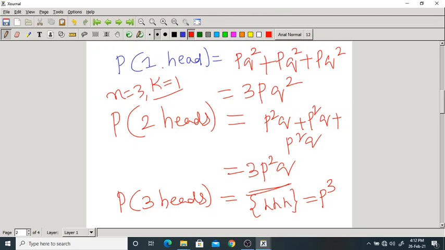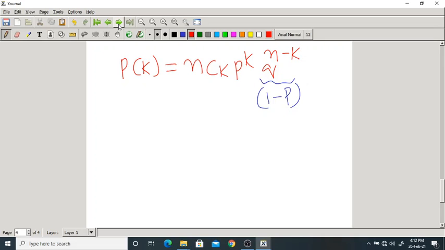Which means they are asking P of 1. N equal to 3, that is fixed. 3C1 p power 1 q power 3 minus 1.